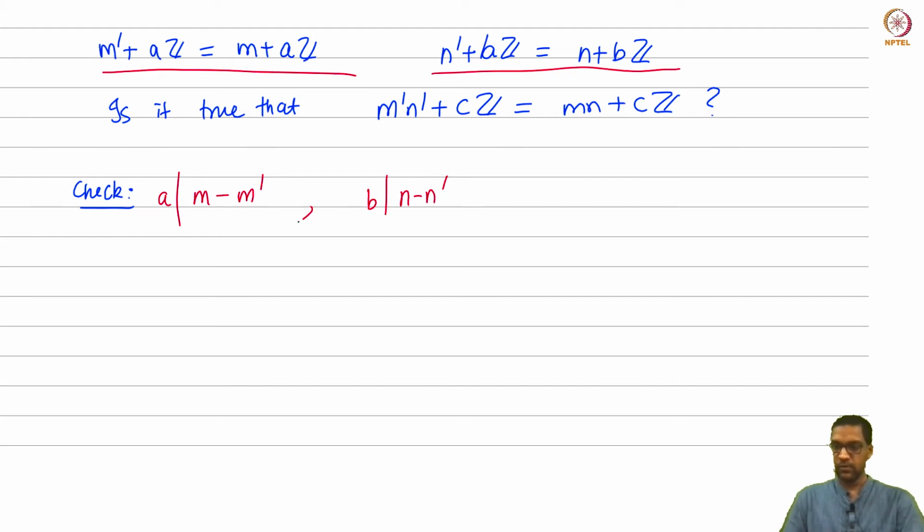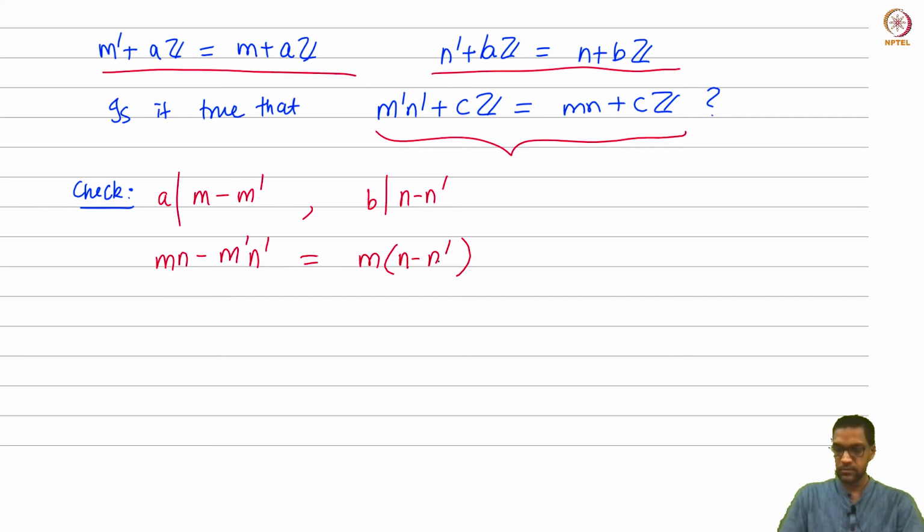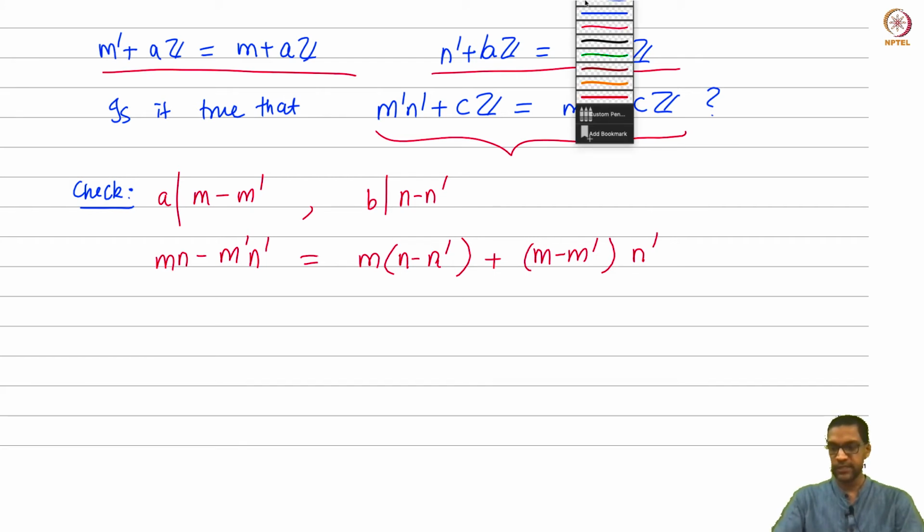Okay. Now let's look at what we have to prove. Let's take the difference mn minus m prime n prime. We need to show that's a multiple of c. Okay, but we can rewrite it as follows. Just a little addition and subtraction of the same term. I've added and subtracted m n prime from both.